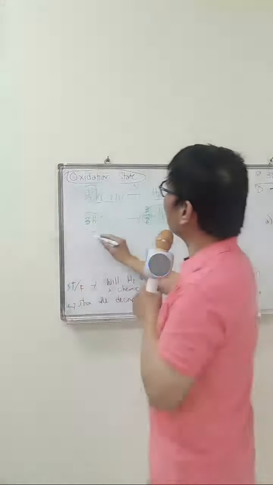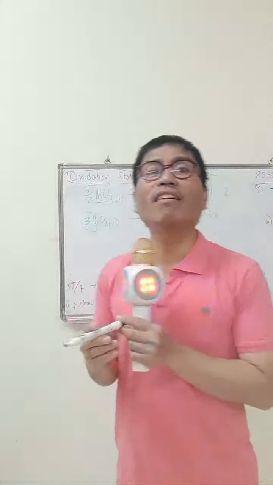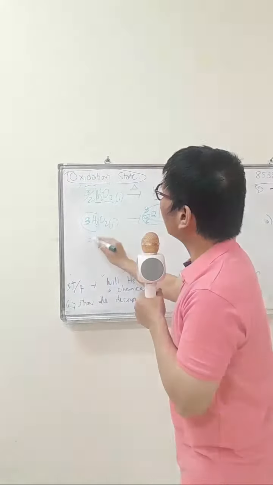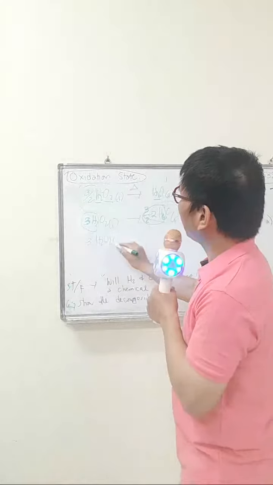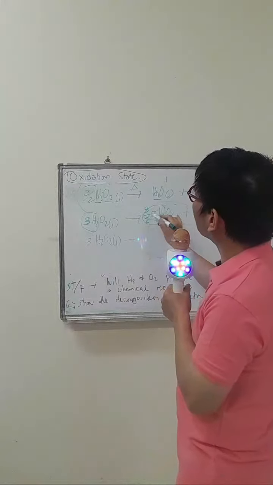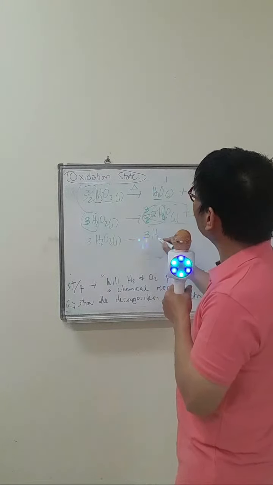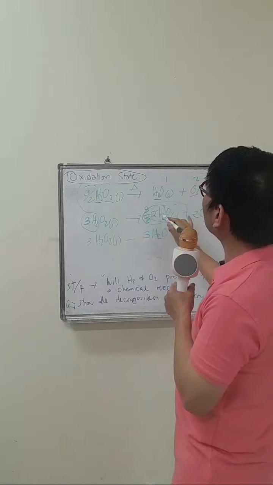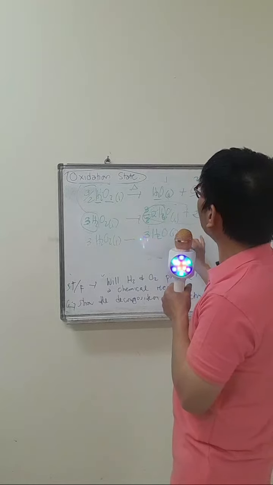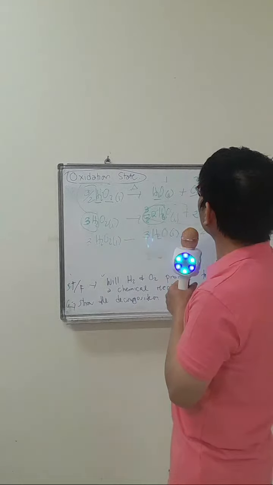So 3 moles, write it again. Did you see that, guys? 3 moles of hydrogen peroxide liquid is equal to 3 halves times 2. Cancel the denominator. It will become 3 moles of water liquid plus 2 moles of oxygen.